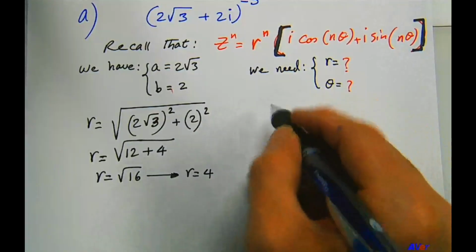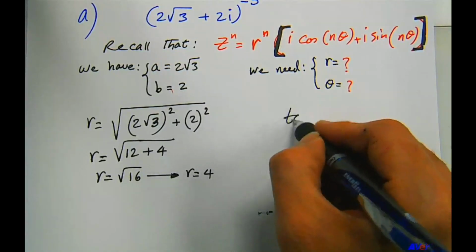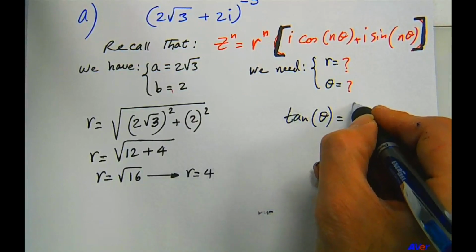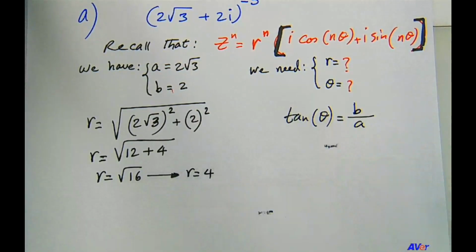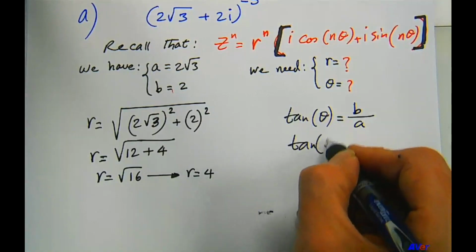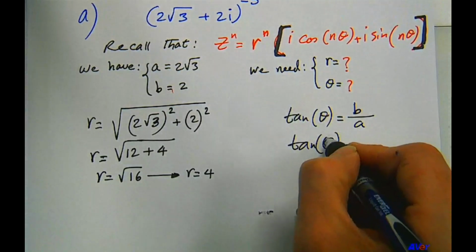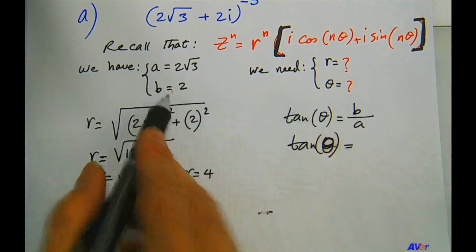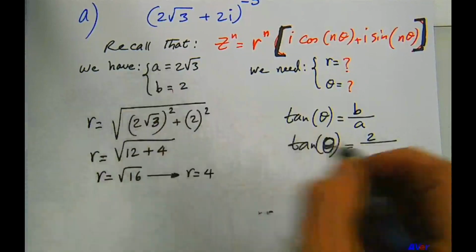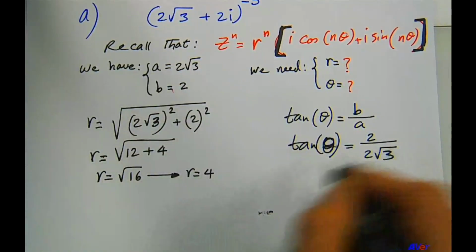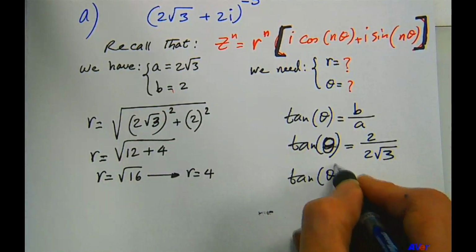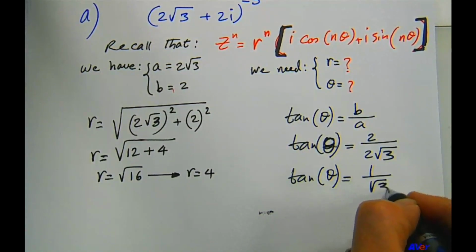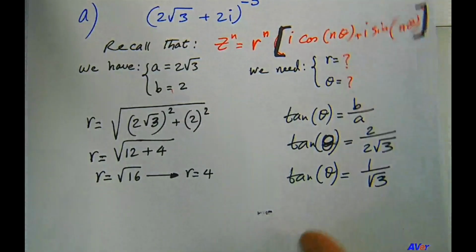Well, theta, we have this nice, neat formula. Tangent of theta is equal to b over a. Remember that? So tangent of theta is equal to b, which is 2, over a, which is 2 square root of 3. So tangent of theta equals, 2 and 2 simplify, we get 1 over square root of 3. Rationalize this.